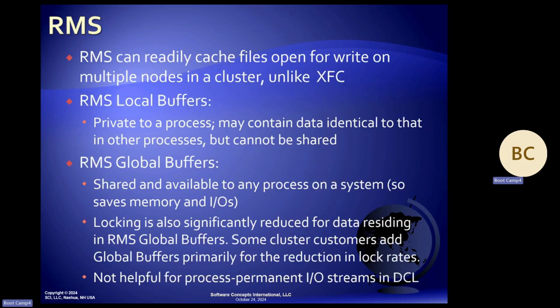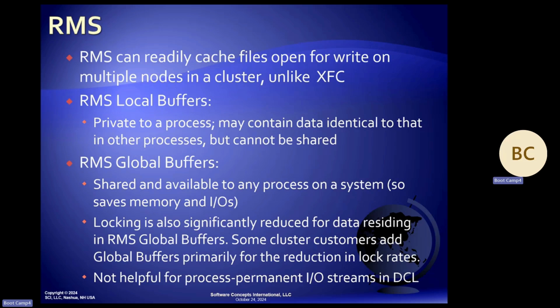All right. Now RMS can readily cache files that are open for write on multiple nodes in the cluster, so it can do that better than XFC. So it can move down to the RMS level and cache that. RMS local buffers, often people don't have enough of those. They are private to a process.